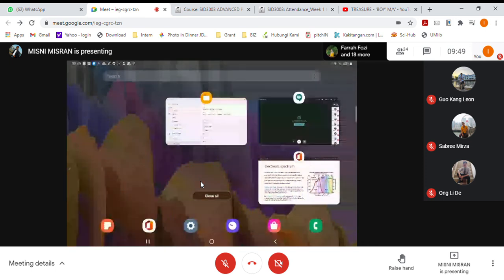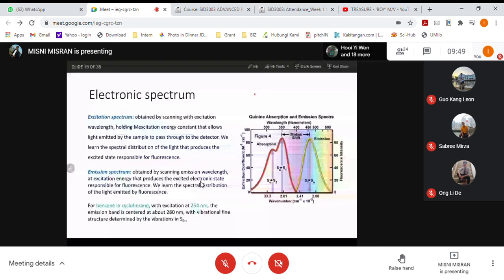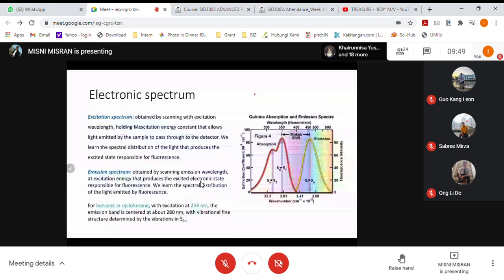The assumptions. This one is much higher wavelength. So let's say the absorption maximum is 350.